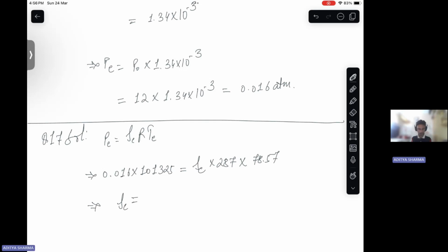So if we work out rho E, it comes out to be 0.0718 kg per meter cube.